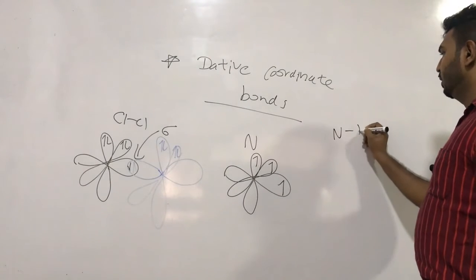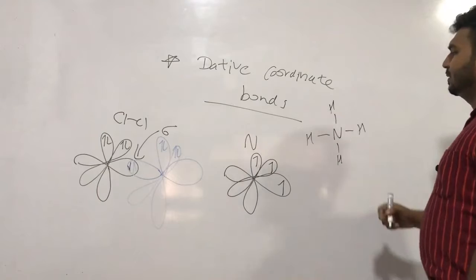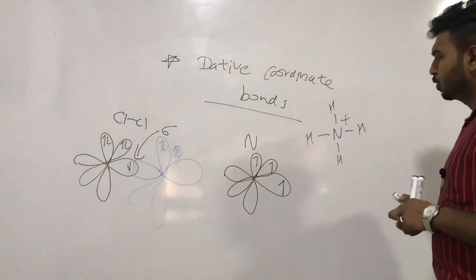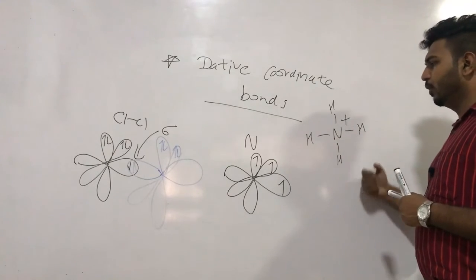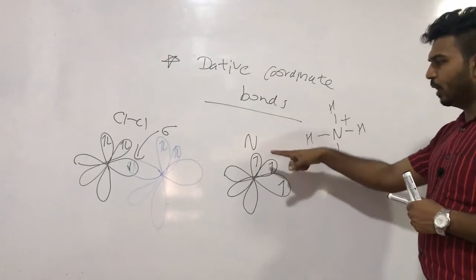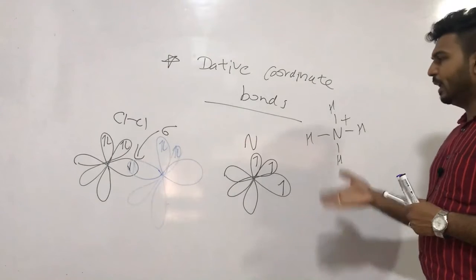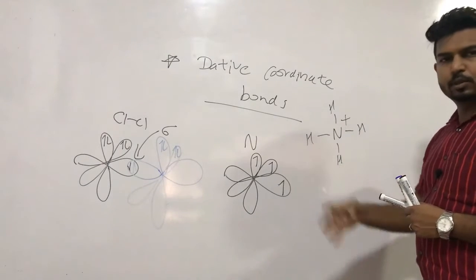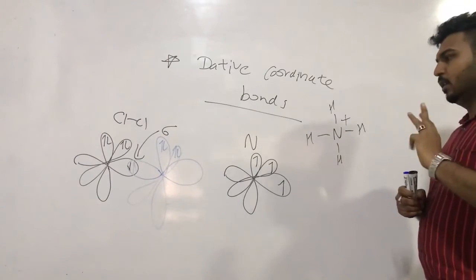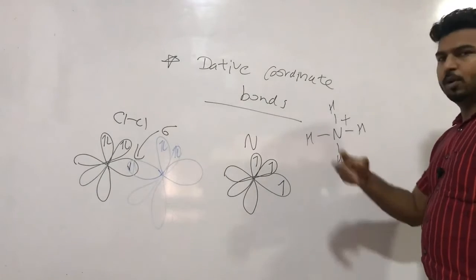Let's consider this molecule, NH4 plus. Since the N atom has 3 unpaired electrons, it can form only 3 bonds.